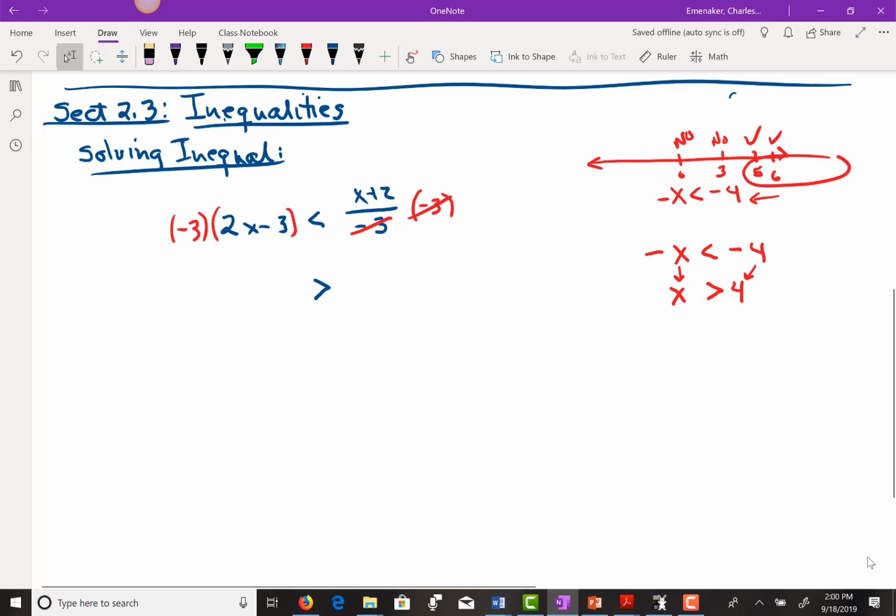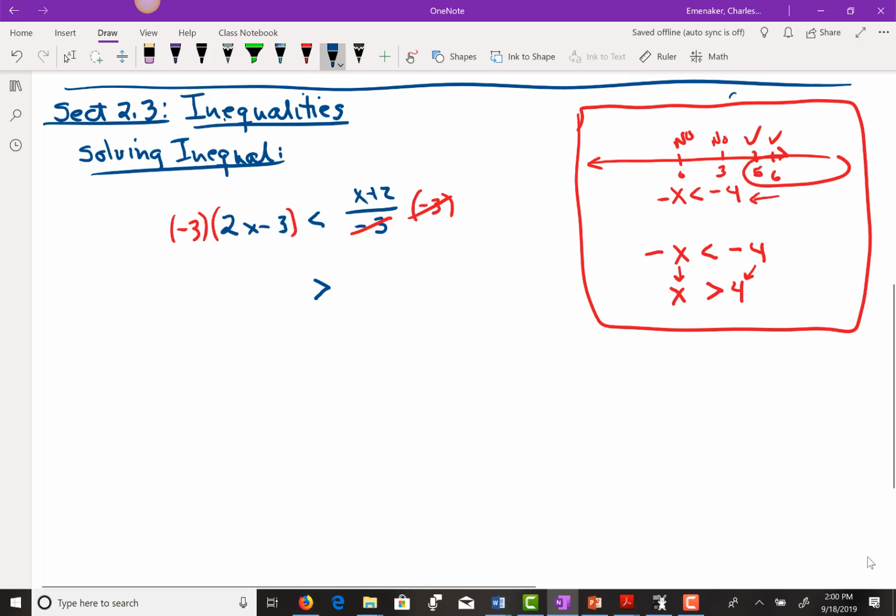Please? The why is what we just did over there in the red, because it changes the neighborhood that's going to work for the answer. Okay, that's what we were just doing over here in this section, where the pattern is when you multiply by a negative, you reverse the inequality. You turn it around the other way.